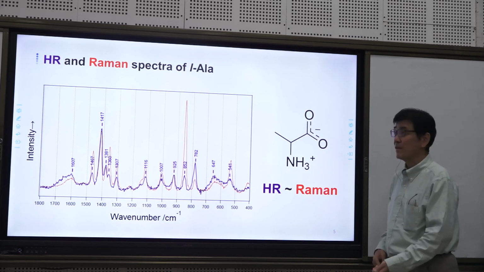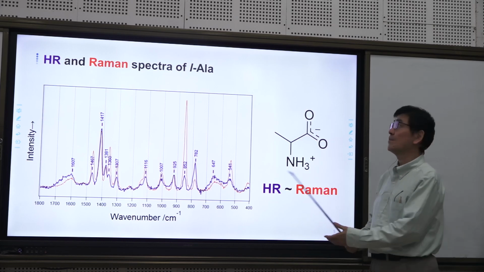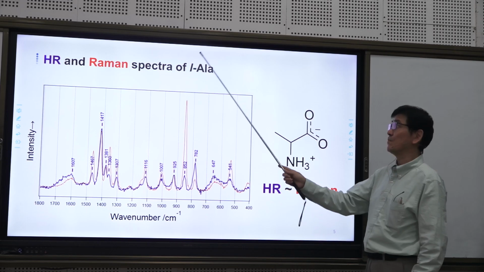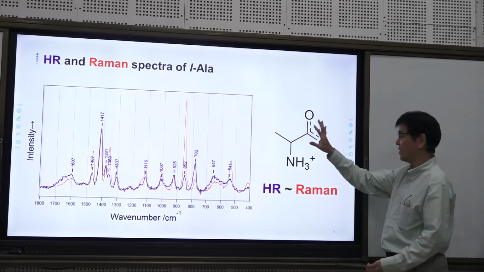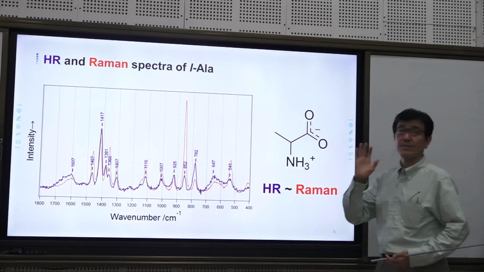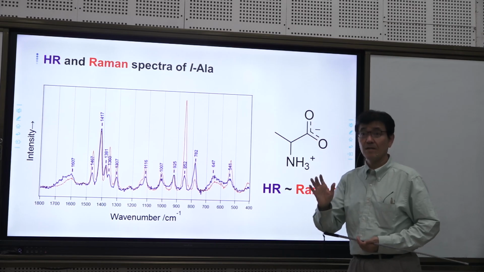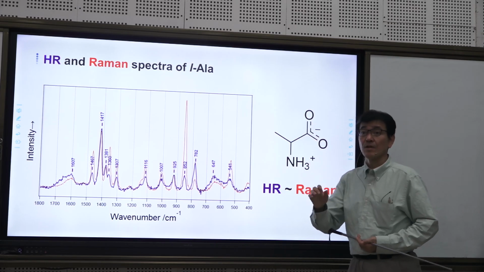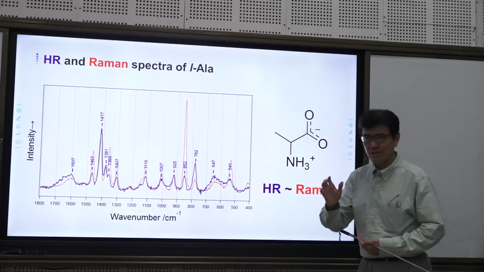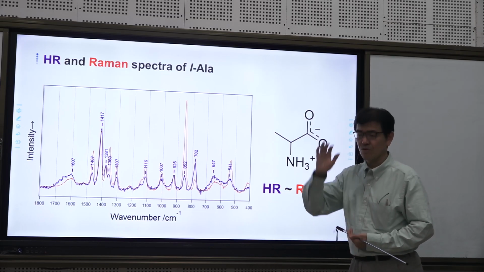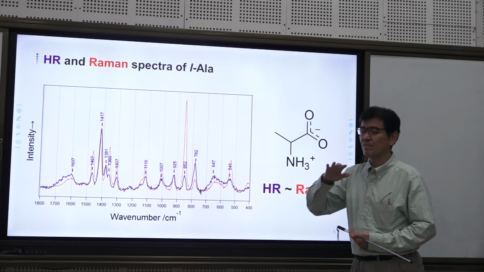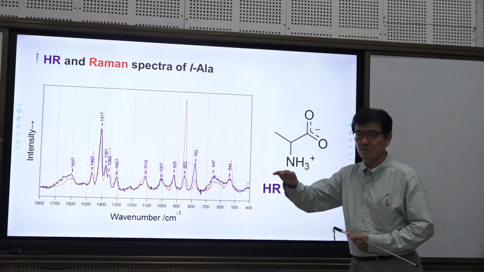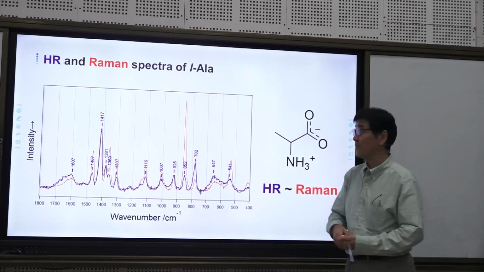Okay, let's prepare an aqueous solution of L-alanine and set the pH to neutral and set the NaCl concentration. Please be aware, when we study biomolecules, we should control the pH value and NaCl concentration.